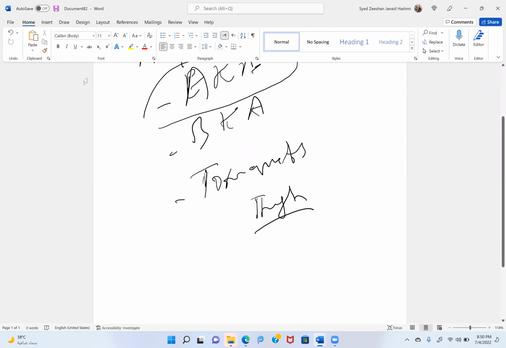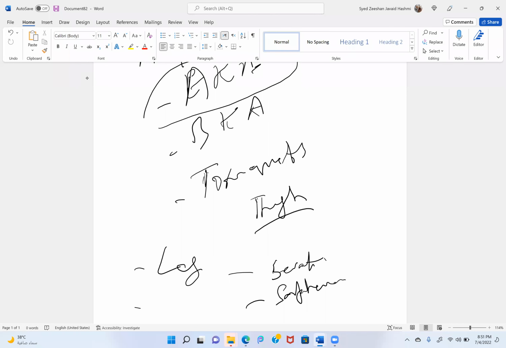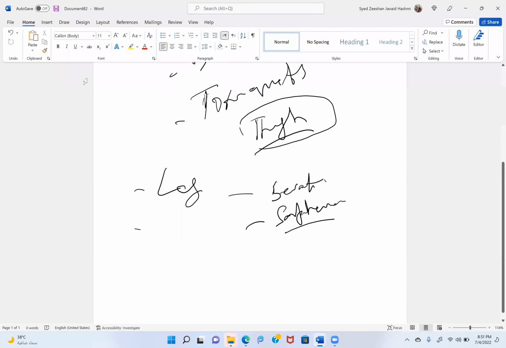So just try to recall which nerves you need to block when you have to put a tourniquet on the thigh. For a tourniquet on the leg, it is the same as I told you: you have to block both the sciatic nerve component and the saphenous nerve. But if you have to put it on the thigh, what additional nerve do you need to block?